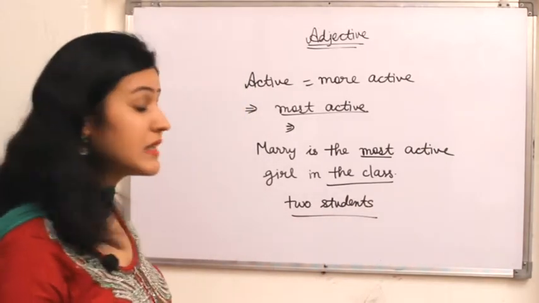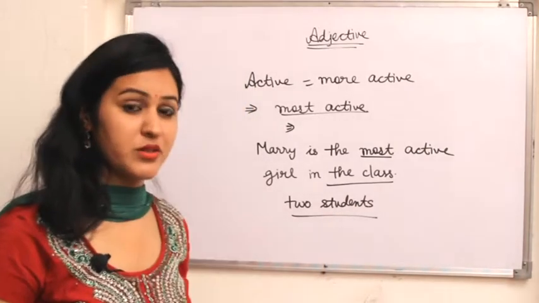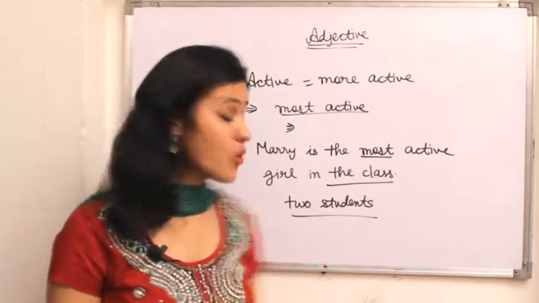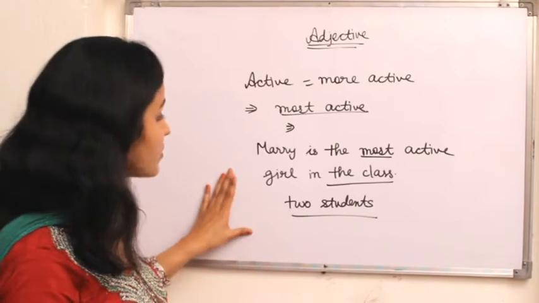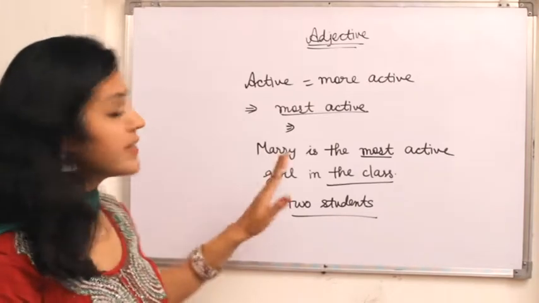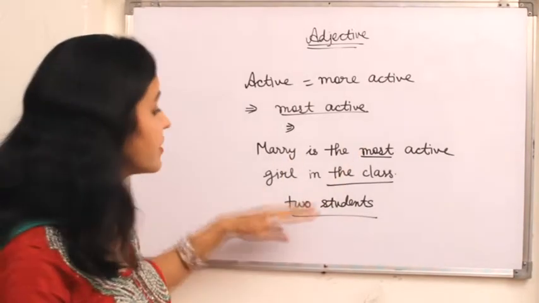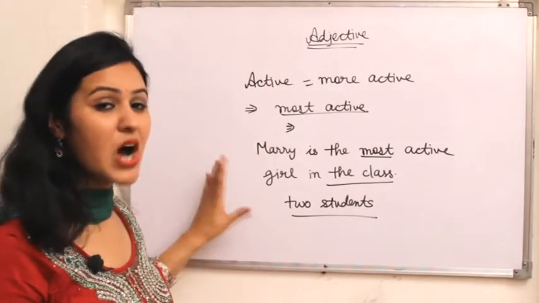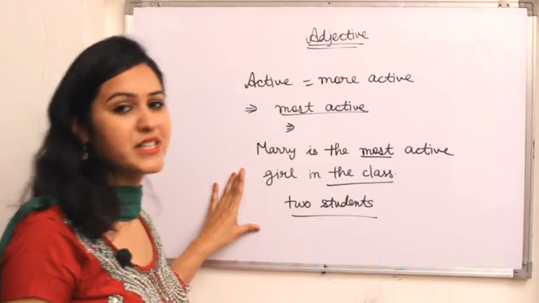Okay, so this is a kind of group, a class, though there are a number of students in the class. So I just want to explain that Mary is the most active girl in her class. So it is counted as superlative degree.